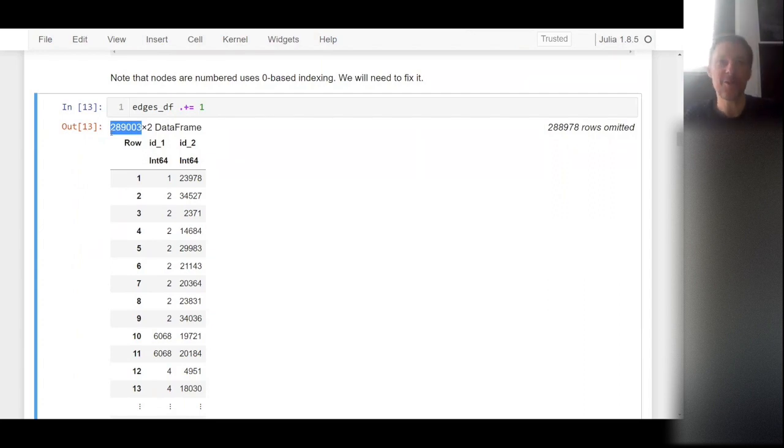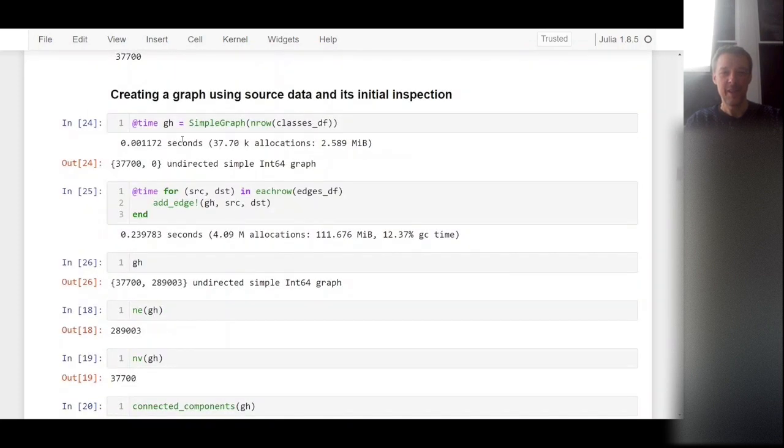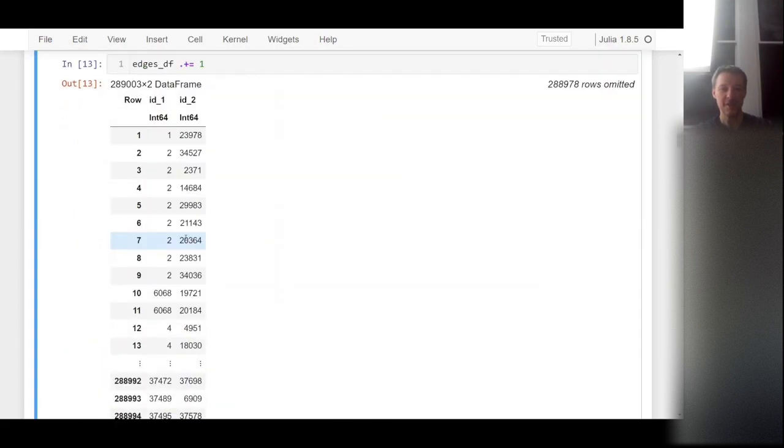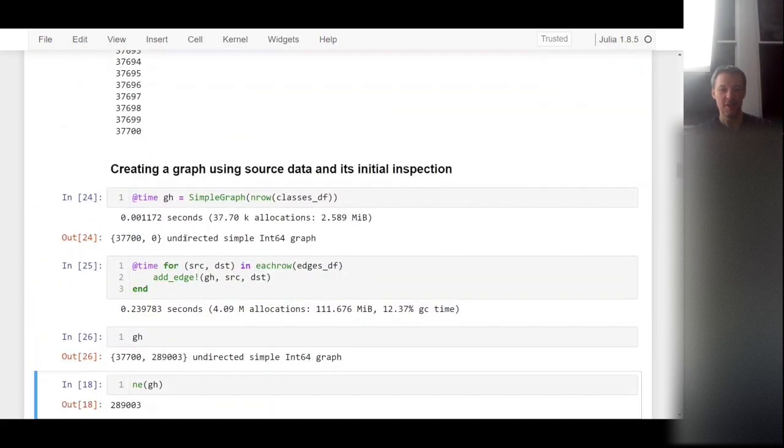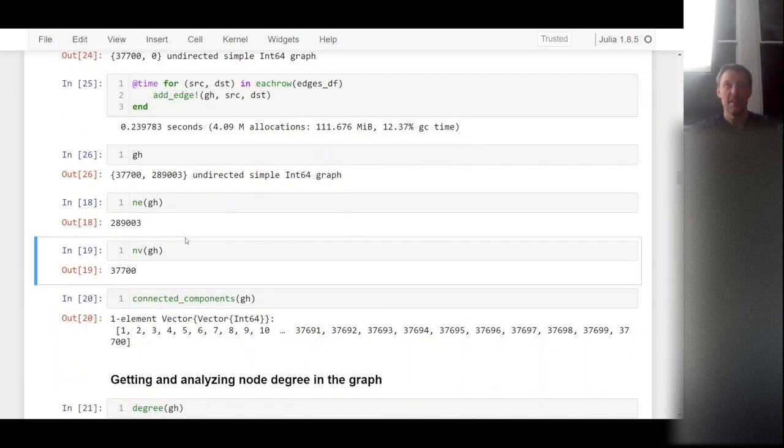Because I earlier told you that it seems it is clean, but actually after running this operation, let's call it for free, we get additional reassurance that indeed the data was clean and correct. Because if it were incorrect, I would either get an error or I would get fewer edges than rows in the data frame. So this is also, as a side benefit, a way to check that the data indeed was as expected.